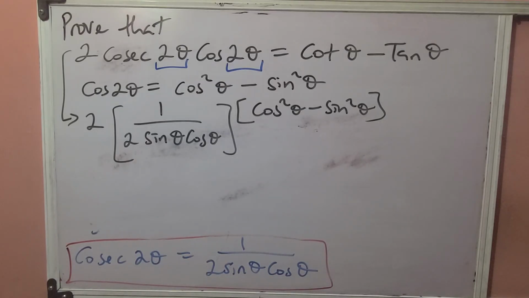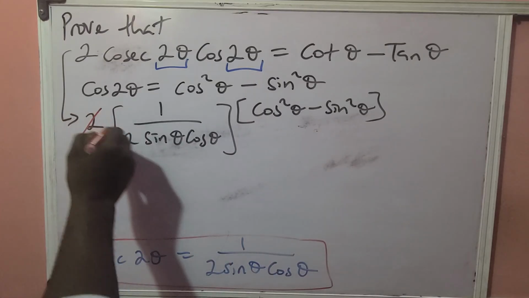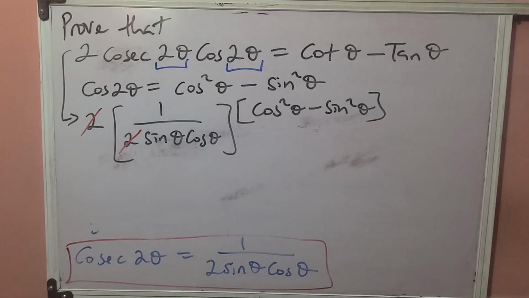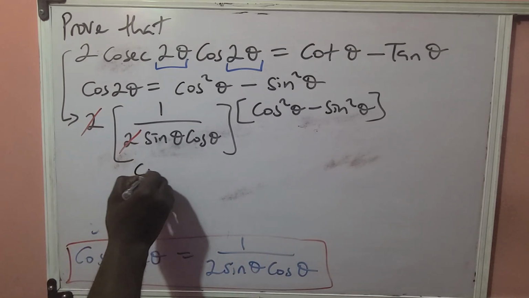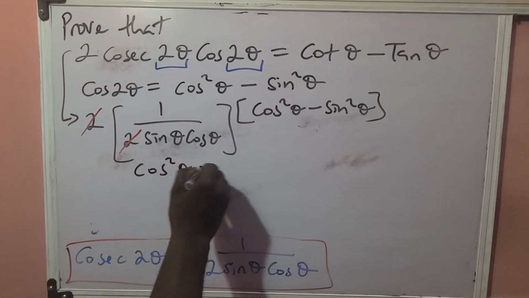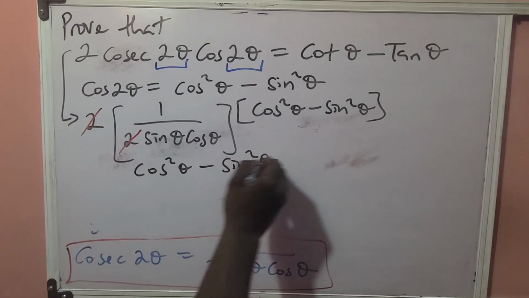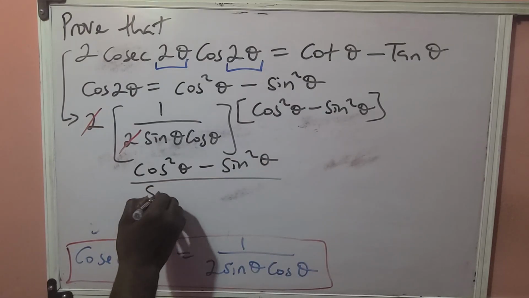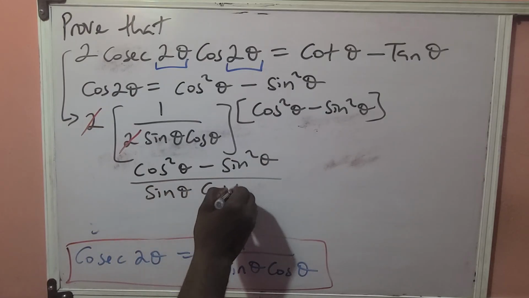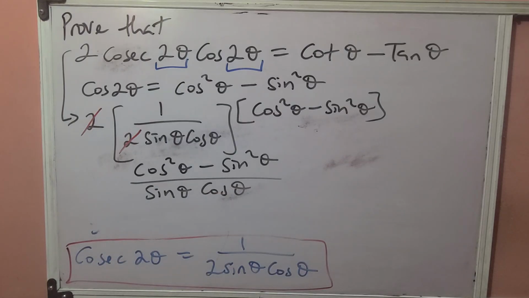So obviously from here, I can easily go on to dissolve these 2 here. This 2 here will easily cancel this one. So I'll be left with just cos square theta minus sine square theta over sine theta cos theta.